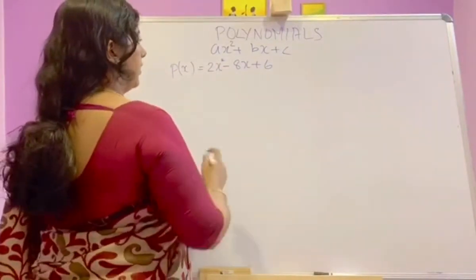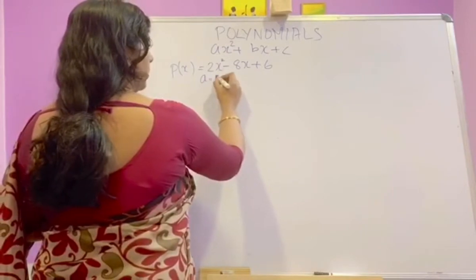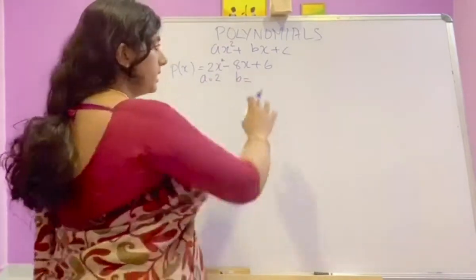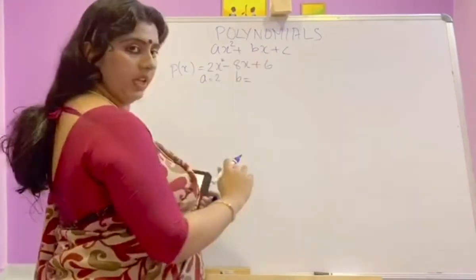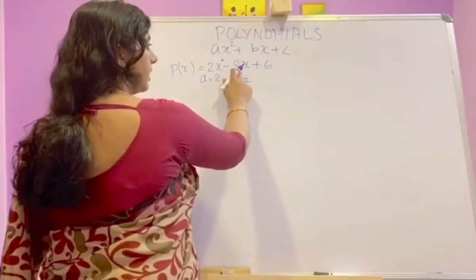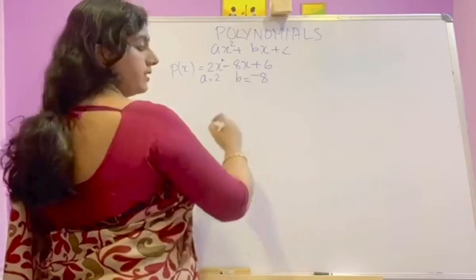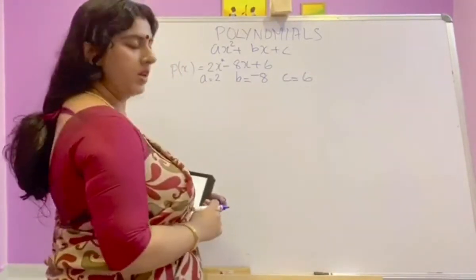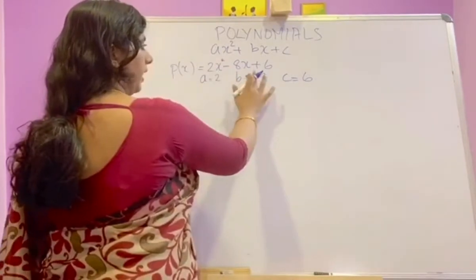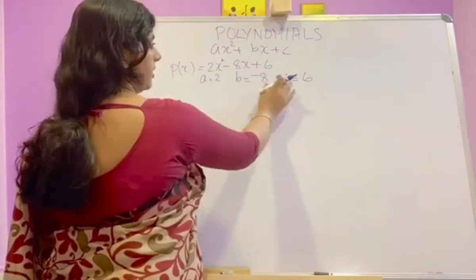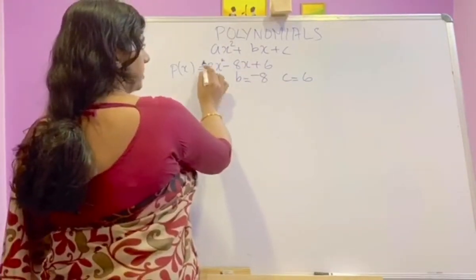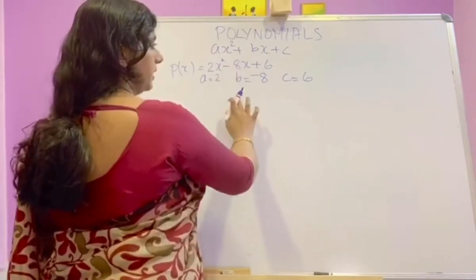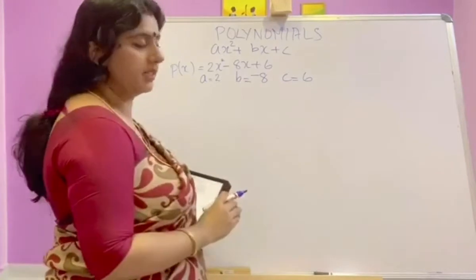Here a is equal to 2, b is, in the general form it is plus b, so here b is negative 8, c is equal to 6. You want to take the sign along with the constants here. If it was minus 2, then a should be minus 2. Here it is minus 8, then b is minus 8, like that.